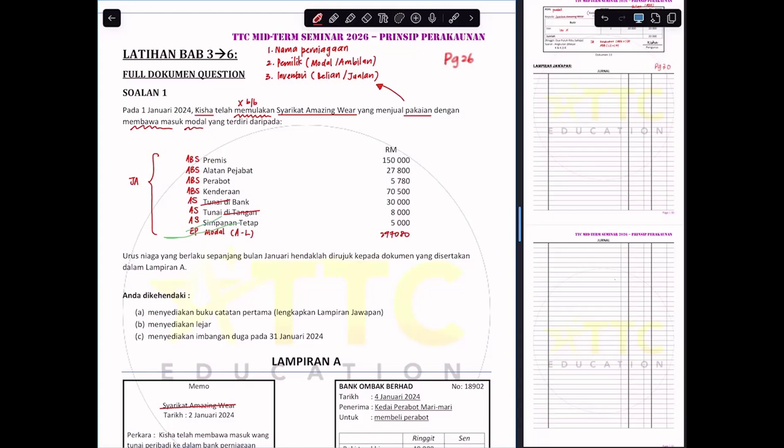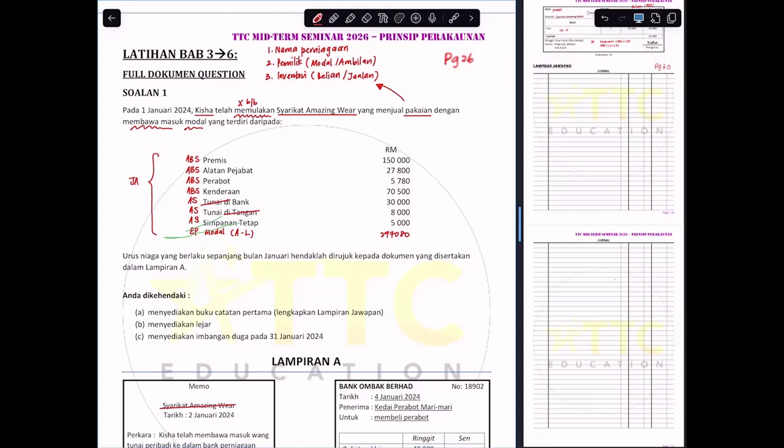Now you need to find out debit or credit. Still follow the three sentences, right? A, B, C, D, add or minus, bucket, BB, bucket, HP. So we found out the first one, klasifikasi, already. Now we need to find out add or minus. It's an action where the boss brings in everything here. Since the boss brings in the items, everything here is getting more. As long as it's getting more, it means increase.